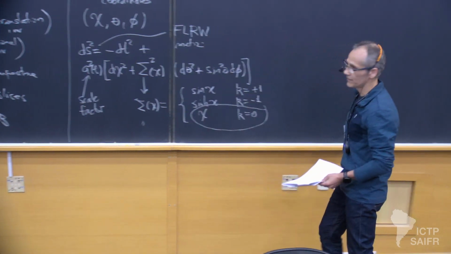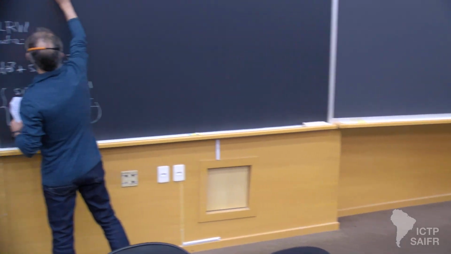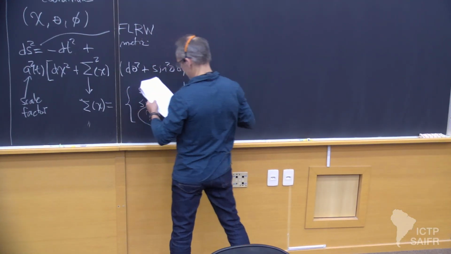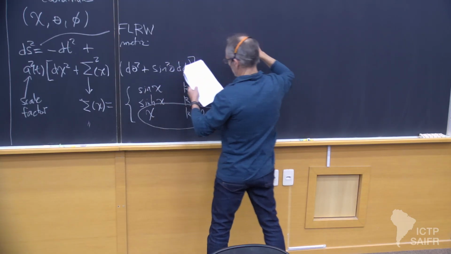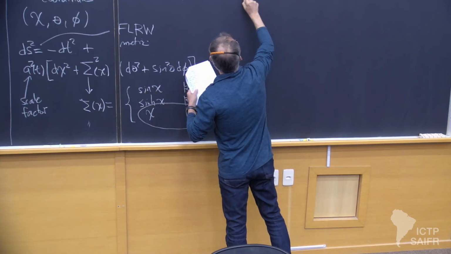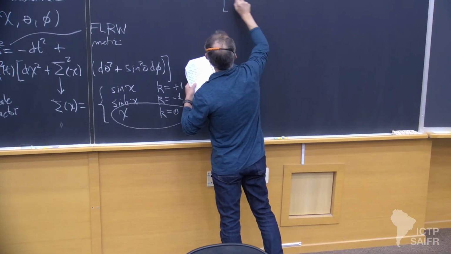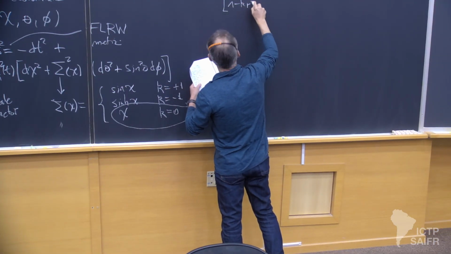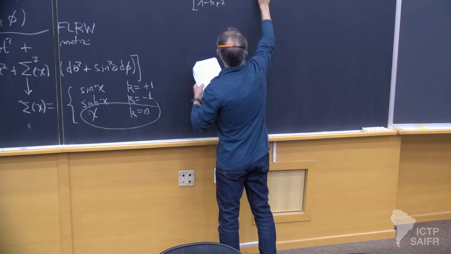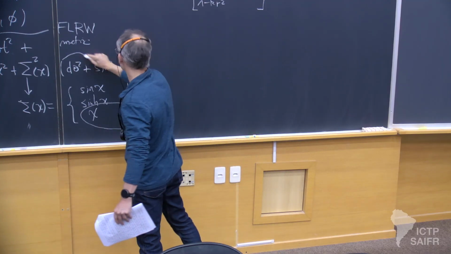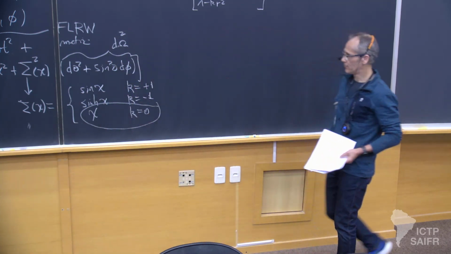You can also write it in a slightly different form, which is something we are going to use. So you can write the space-time interval using specifically this parametrization, which is totally equivalent to the one I just wrote. Okay, the omega squared is the angular part of the metric.